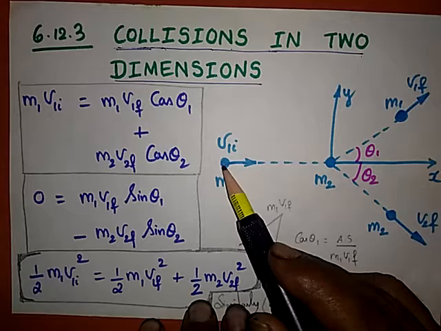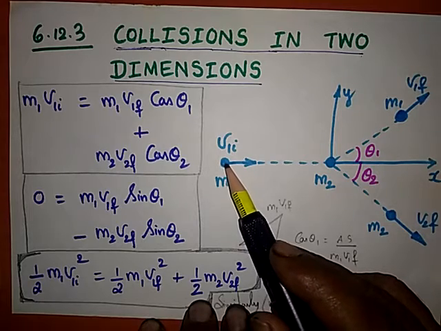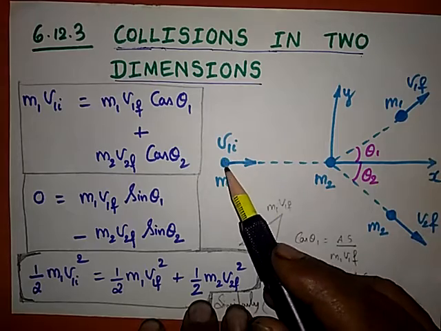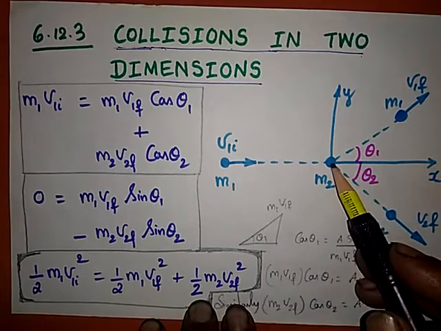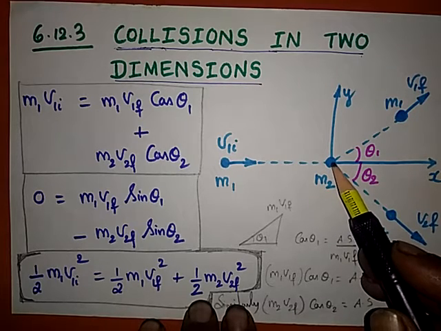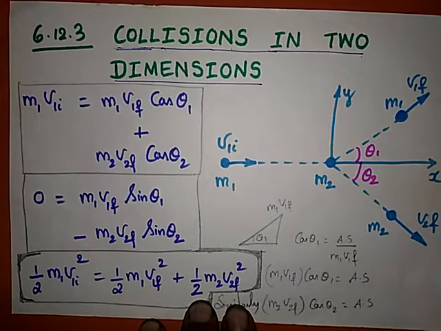Now this object with mass m1 travels with the initial velocity v1i and collides with the stationary object 2 with mass m2.